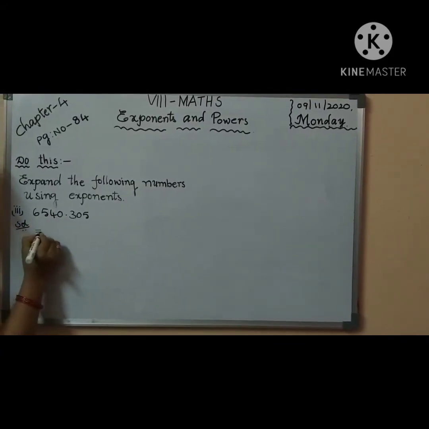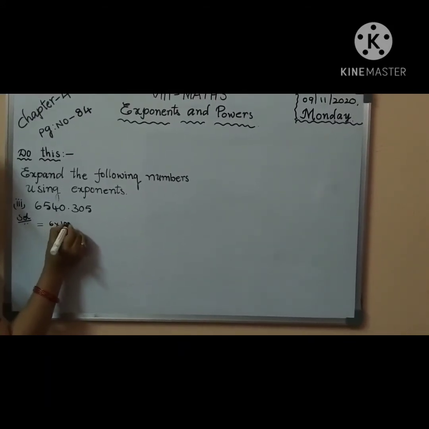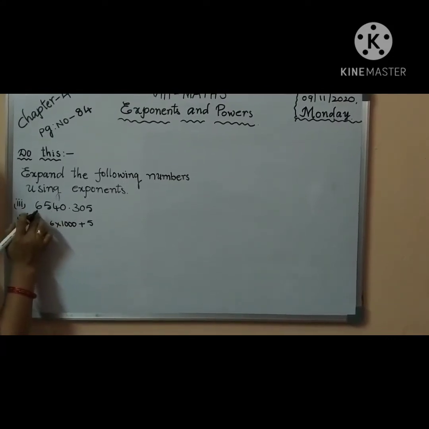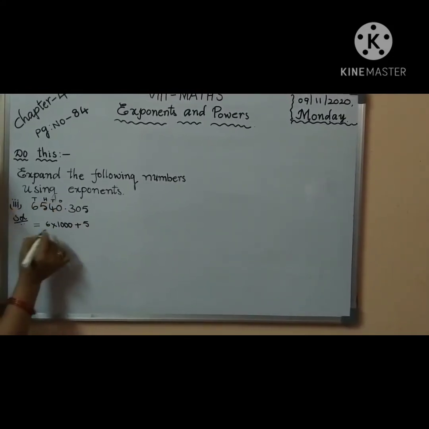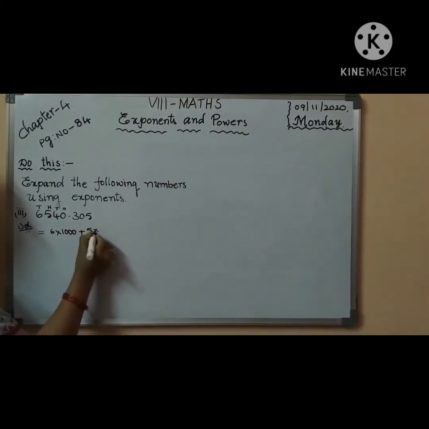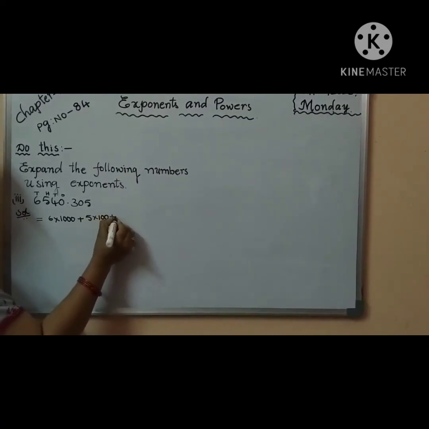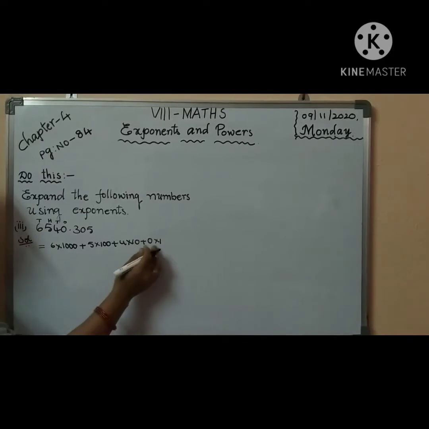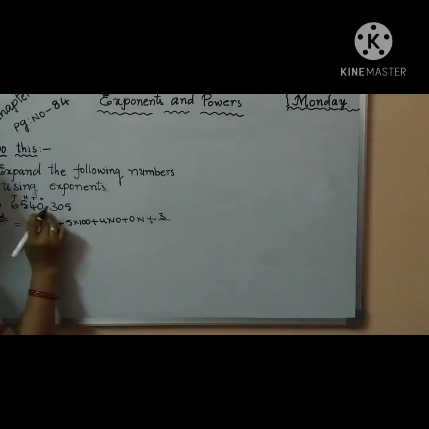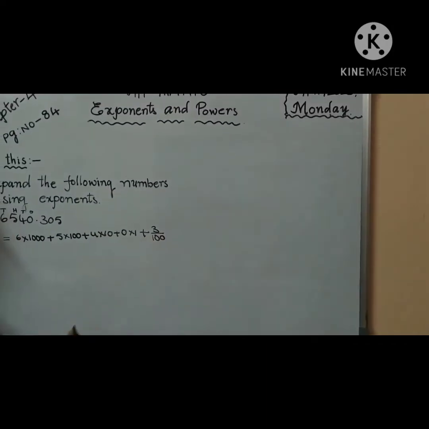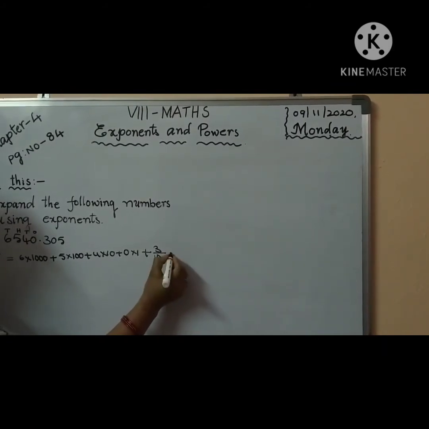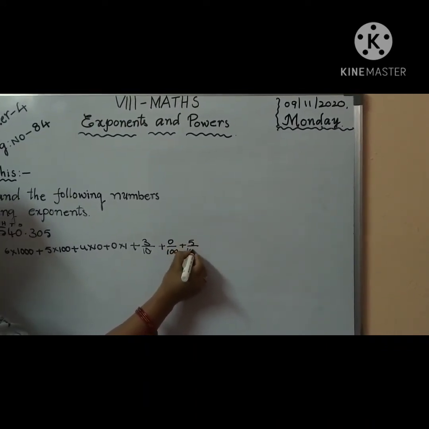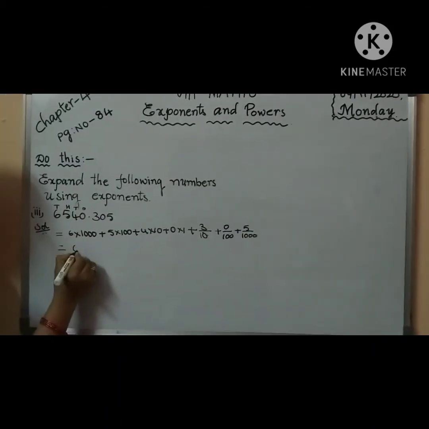So the solution: 6 into how many zeros? 1, 2, 3. 6 into 1000 plus 5 into 100 plus 4 into 10 plus 0 in the ones place, ones, tens, hundreds, thousands. Plus 3 by 10 plus 0 by 100 plus 5 by 1000. Here 3 digits are there after the point.